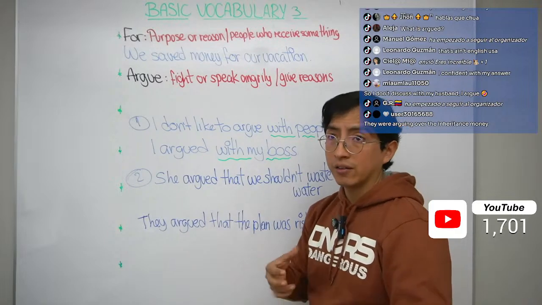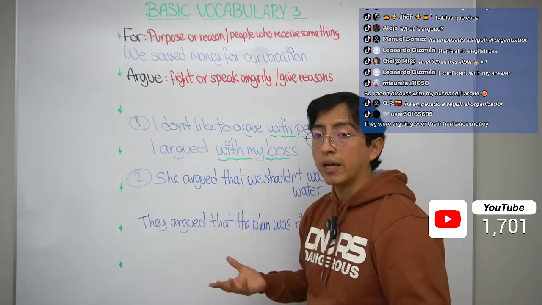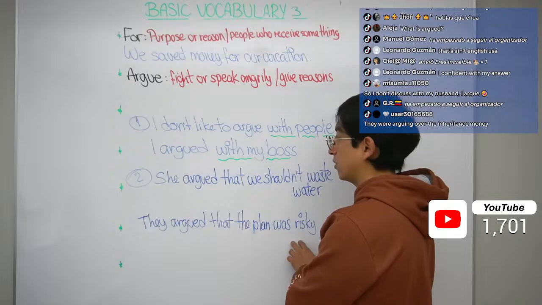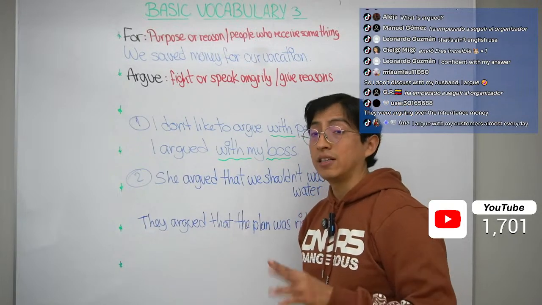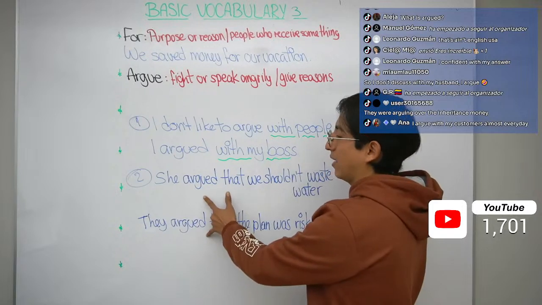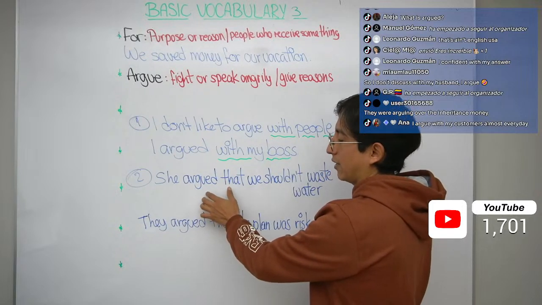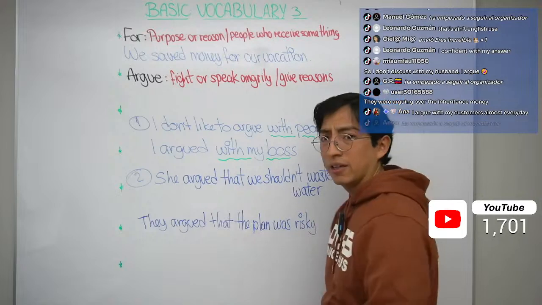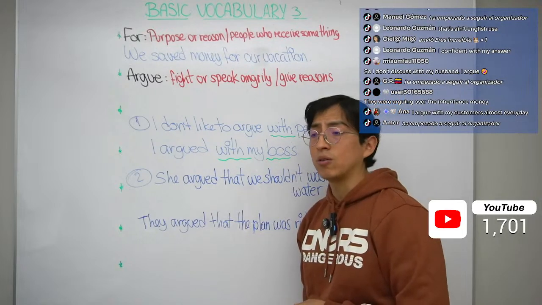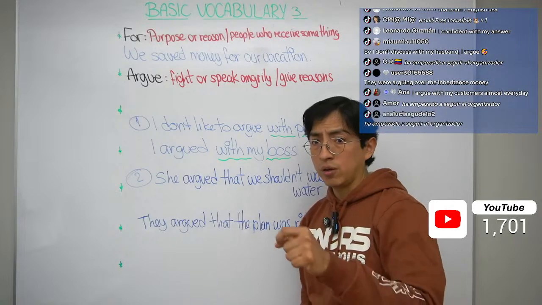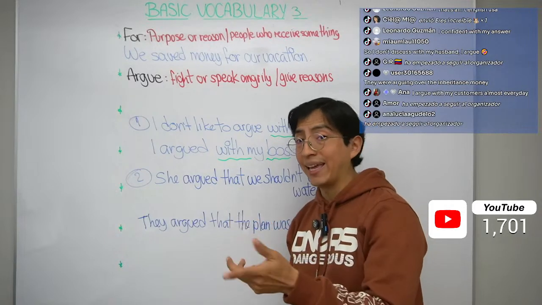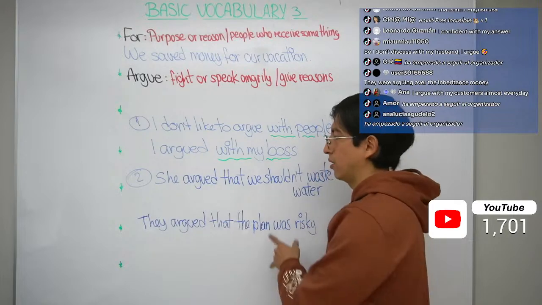They are giving ideas, giving reasons why the plan is risky. This is an intermediate meaning word, guys. So I recommend you to analyze it, especially if you're at an intermediate or advanced level and you are writing an essay, for example. It's going to help you a lot.